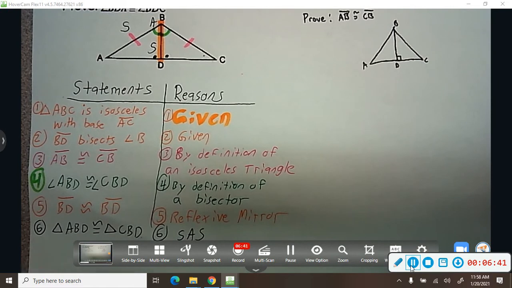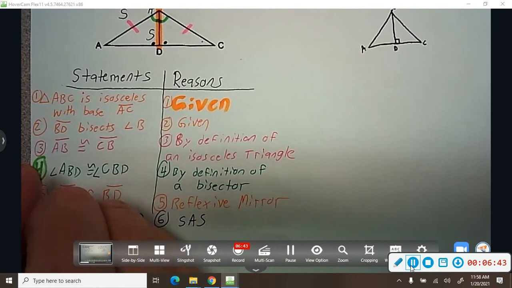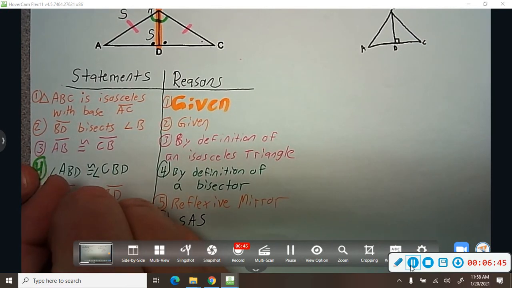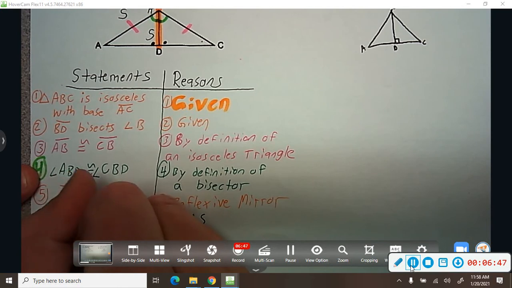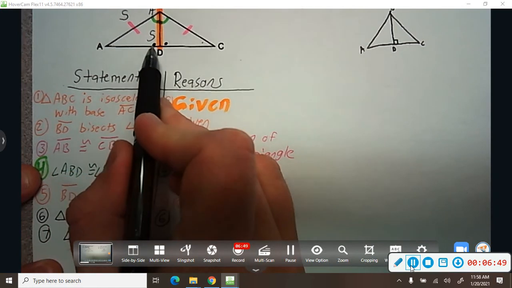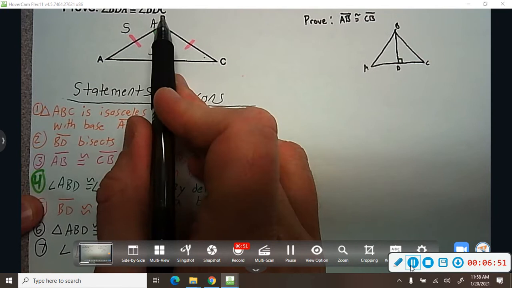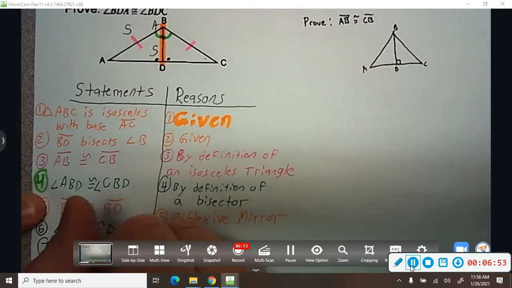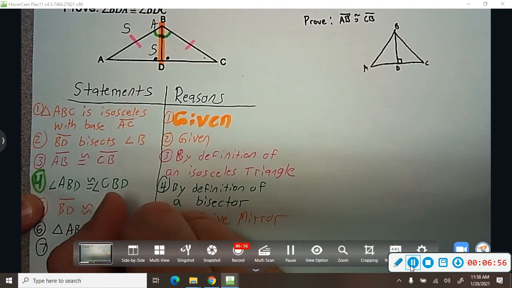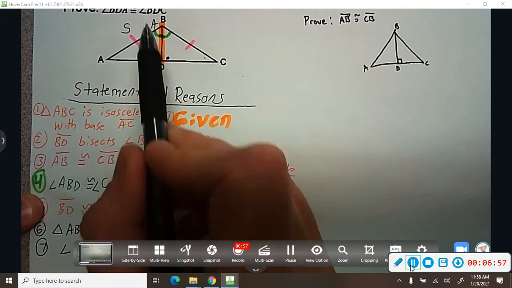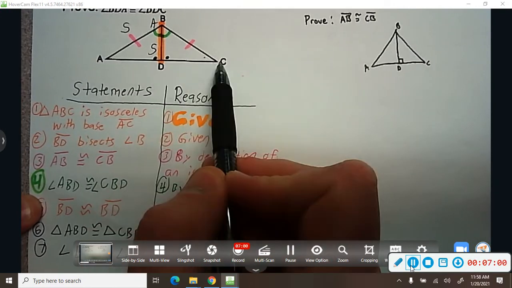So I'm going to say, my last line is going to be my proof, that angle BDA, which is this one, is congruent to angle BDC. BDC is this one.